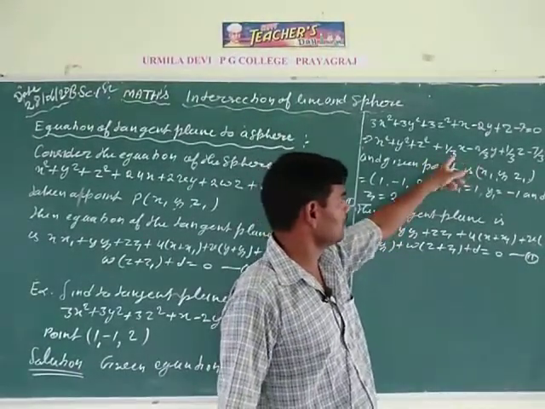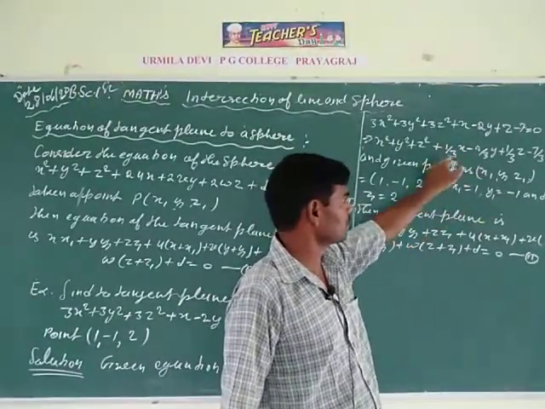Here u is equal to half the coefficient of x, which means 1 by 6.